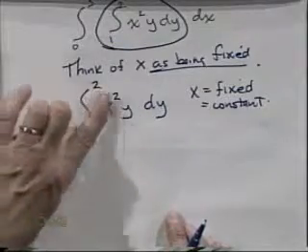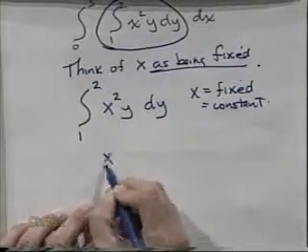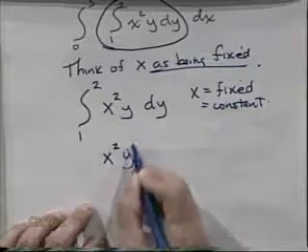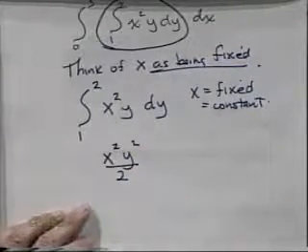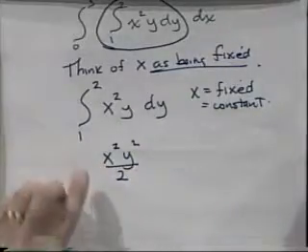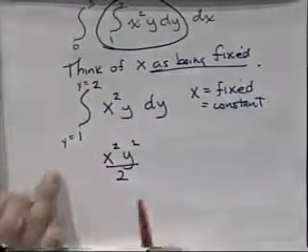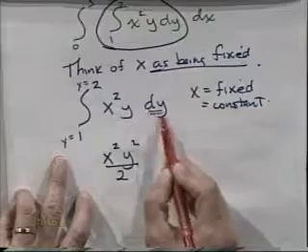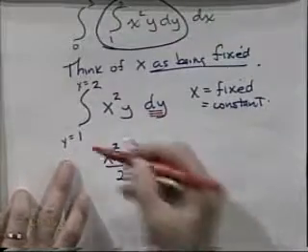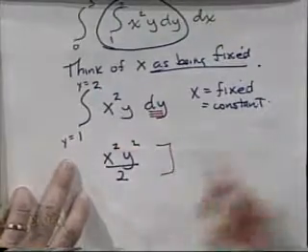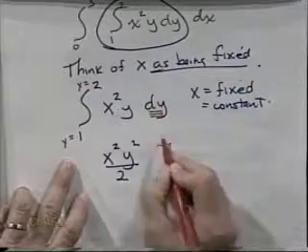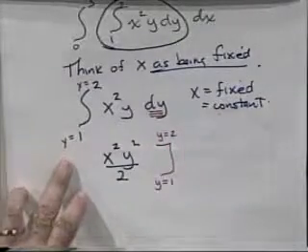If I'm integrating 5 times y, what would I do? I'd go 5 times y squared over 2, wouldn't I? Because that's your constant. And notice this is as y changes from 1 to y changes to 2. How do I know that? Because I'm integrating with respect to y. So y is changing from, and I like to write this as y is changing from 1 to 2.